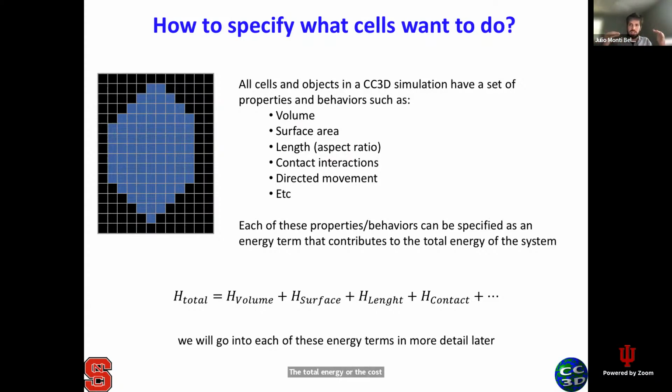And to decide whether this pixel copy attempt is desirable or not, you just see how the effective energy of your cells and your system changes with that copy attempt. If it's minimizing, then you're driving the cells into the target behavior; if it's increasing, you're moving the cells away from the target behavior. Okay, we'll go into each one of those energy terms as we go along in the course.